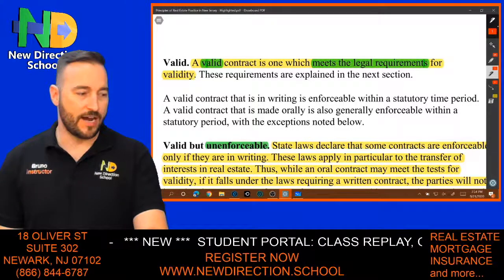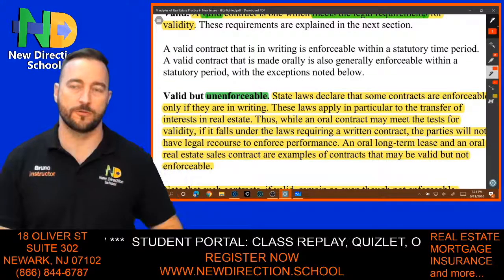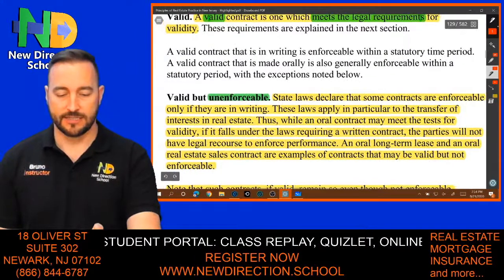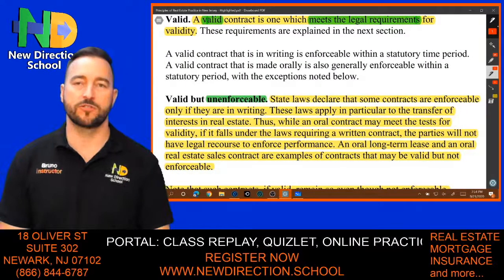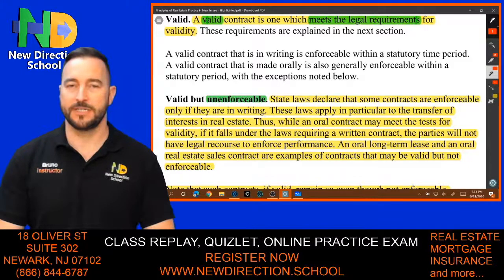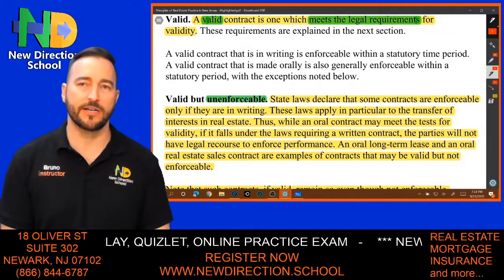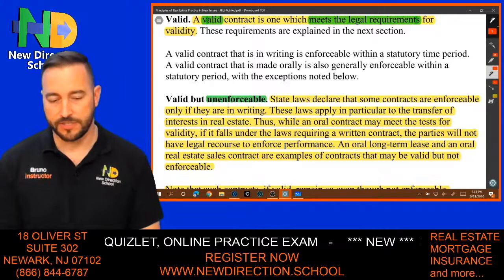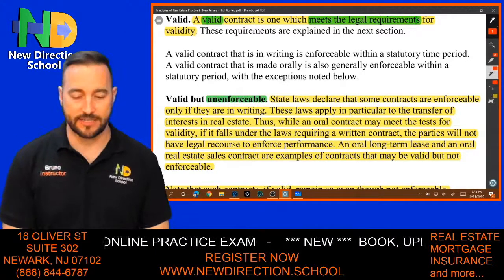A valid but unenforceable contract, right? State laws declare that some contracts are enforceable only if they are in writing. So it doesn't mean it's not valid. It's just that if you want to take me to court, it must be in writing. Okay? So these laws apply in particular to the transfer of interest in real estate.